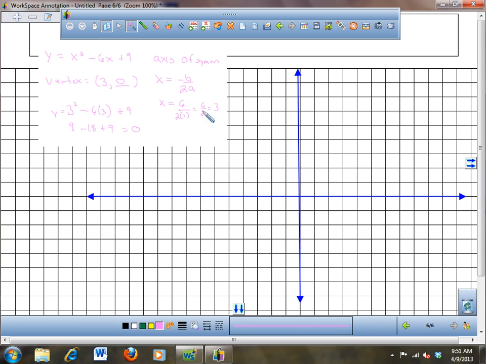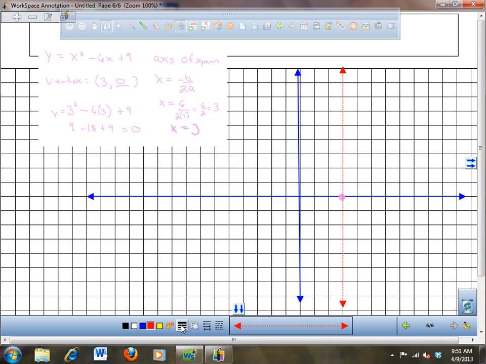So I know that the vertex is at 3, 0. 1, 2, 3, 0. And I also know that the axis of symmetry is x equals 3, right? This is the axis of symmetry, which means that this dotted line that I'm about to draw right here is the line that cuts that parabola in half.